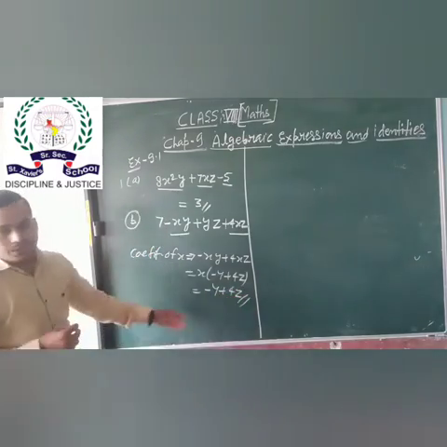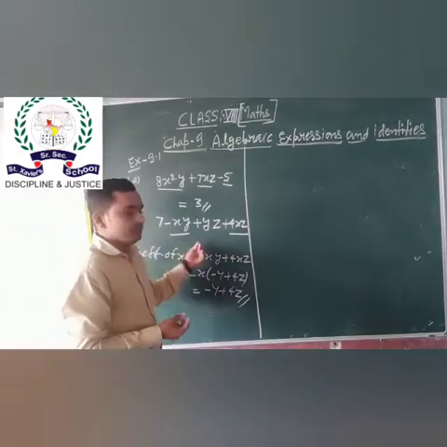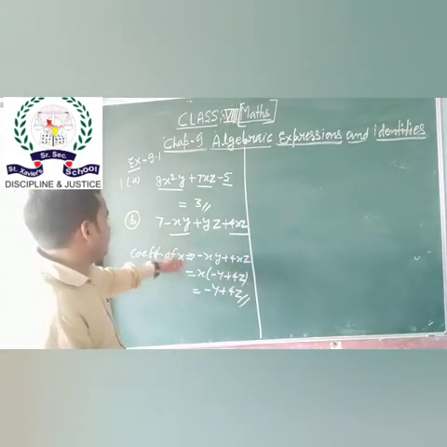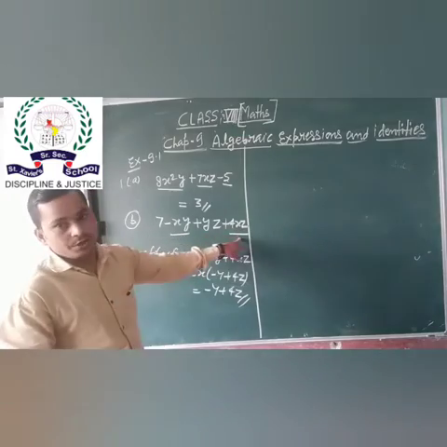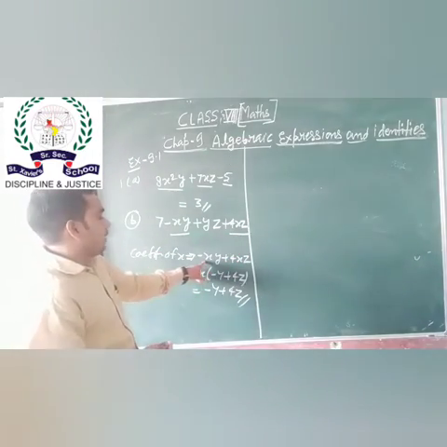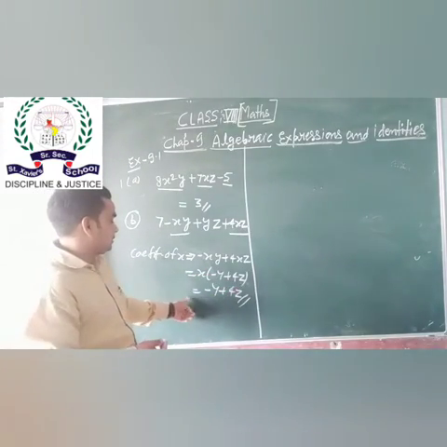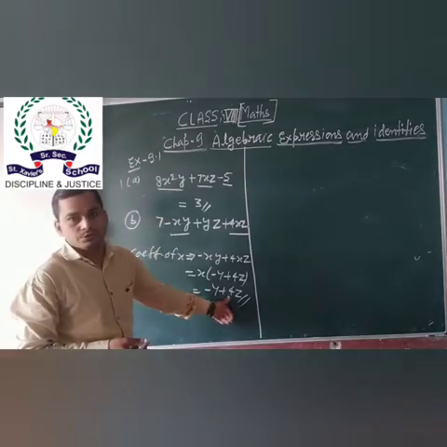In this expression we have two terms which contain x, minus xy and 4xz, taking x as common. So now we have minus y plus 4z. So the coefficient of x is minus y plus 4z.